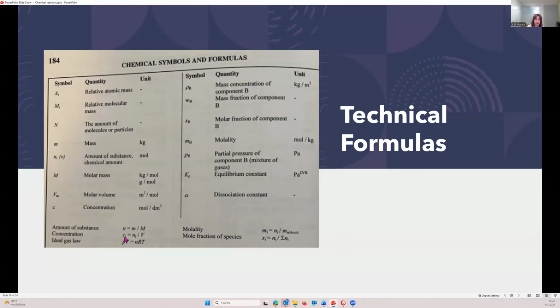Concentration, what does that mean? It is the amount of a certain substance in a solution divided by the volume of the solution. This is always for some kind of solution.